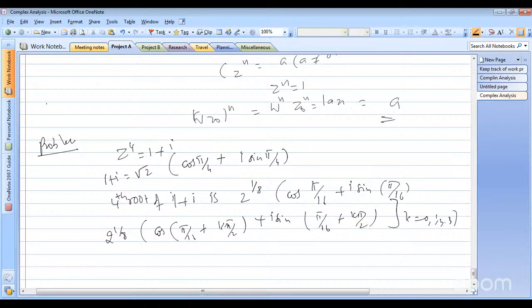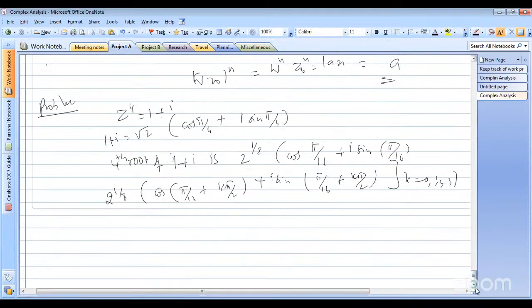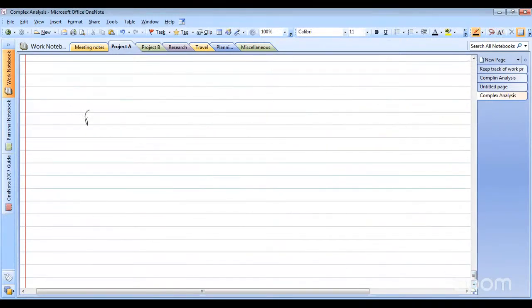Another example: find all values of z for which z^5 = −32.